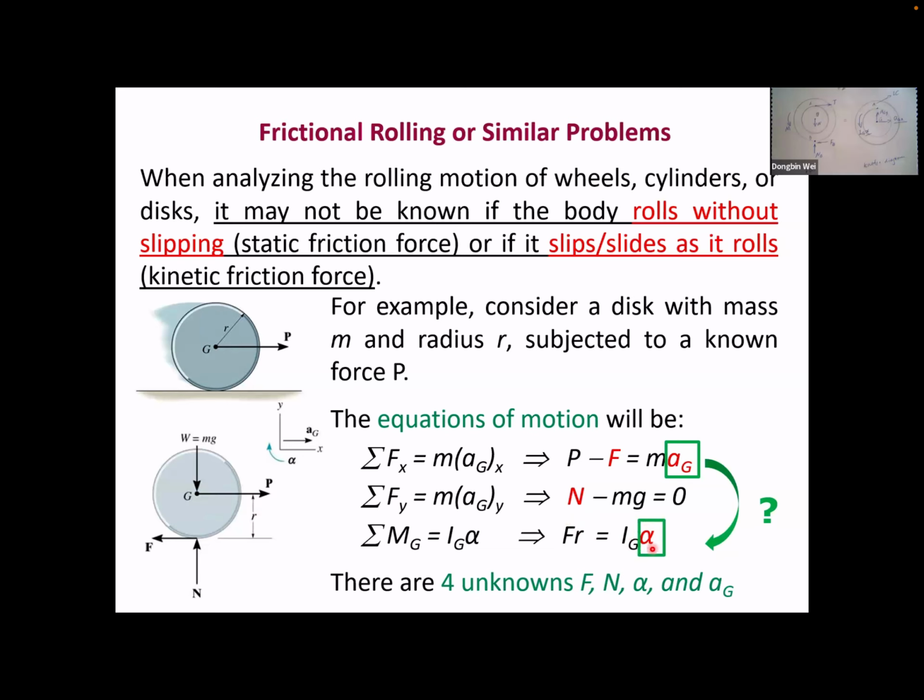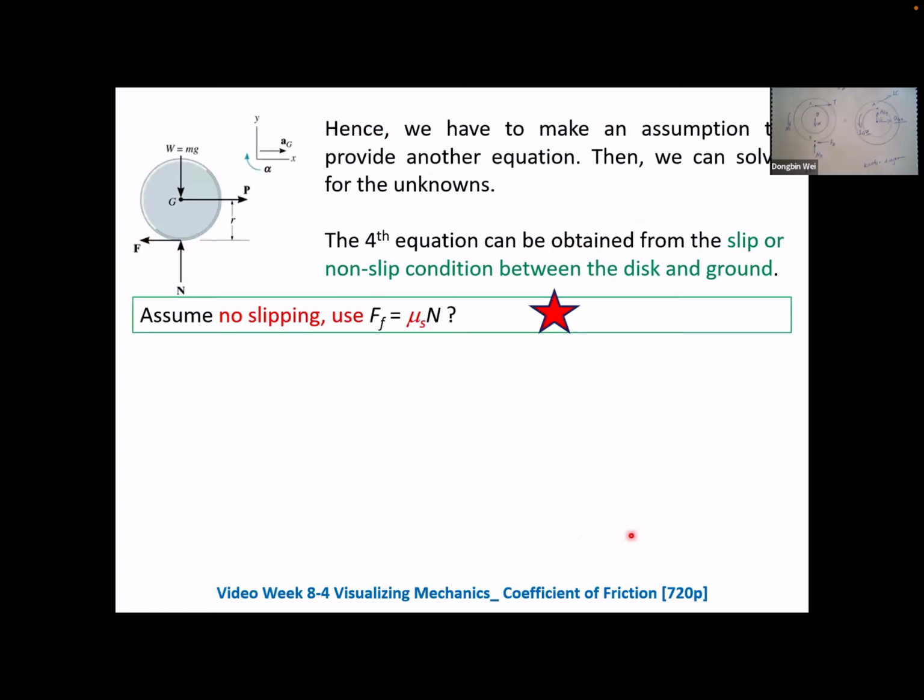So in these three equations here, we have three equations, but 1, 2, 3, 4 unknowns. So we cannot solve it. So how to deal with it? We will need one more equation to assist us. Now, what can we do?